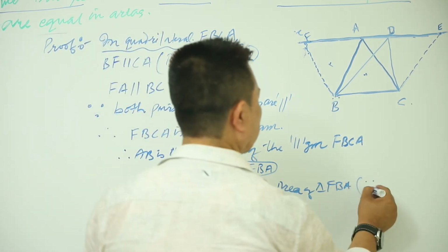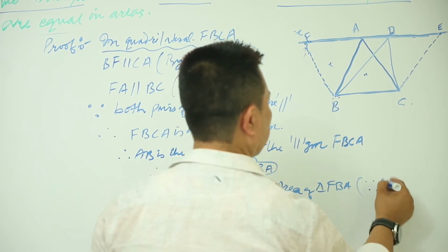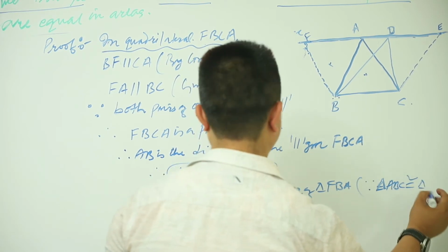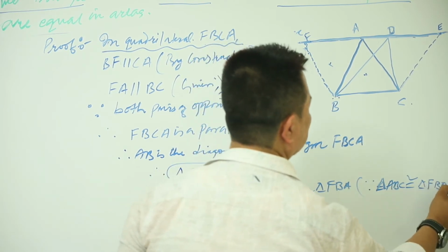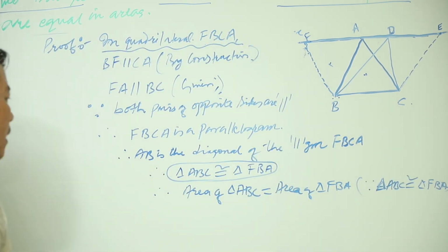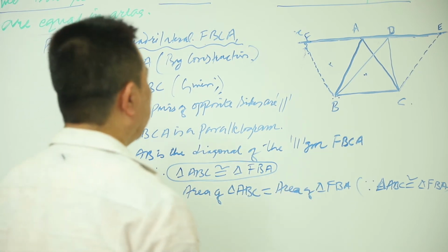What is the reason? Since triangle ABC is congruent to triangle FBA. This is the reason. Now we have proved that area of triangle ABC is equal to area of triangle FBA.